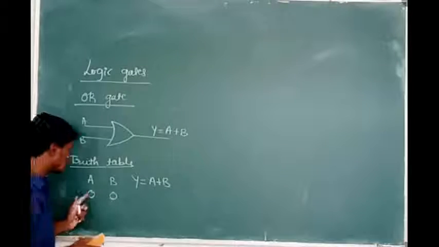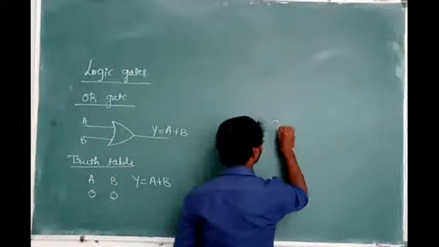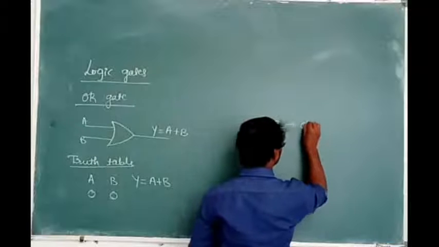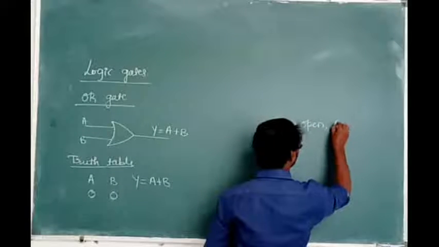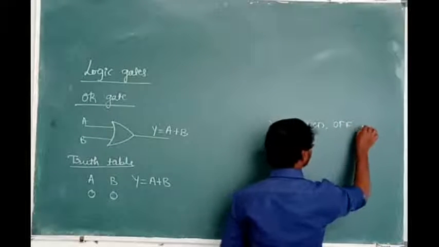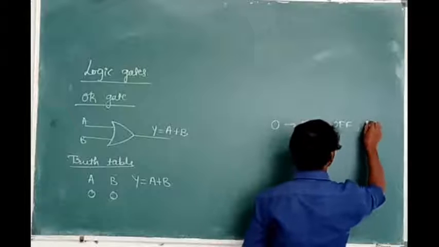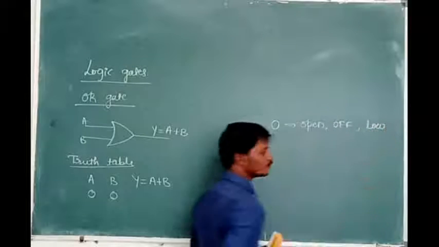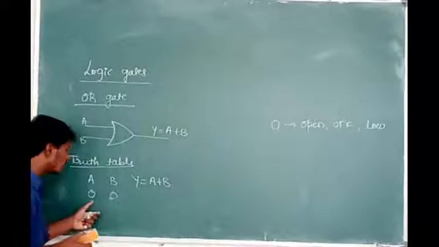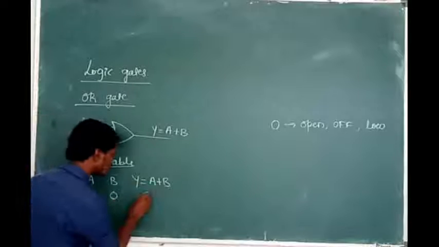Here 0 stands for open, off, or low. Then 0 or 0 is again 0.